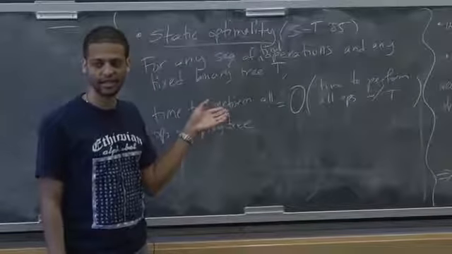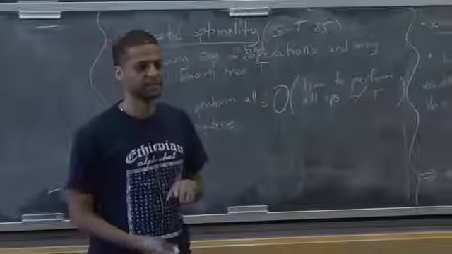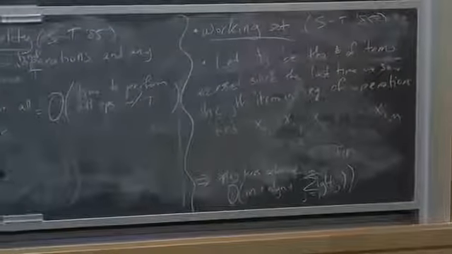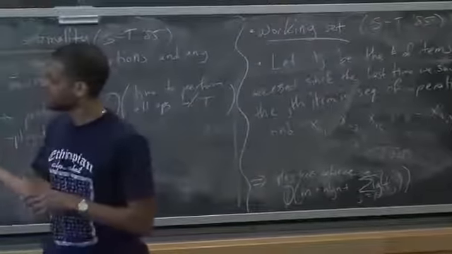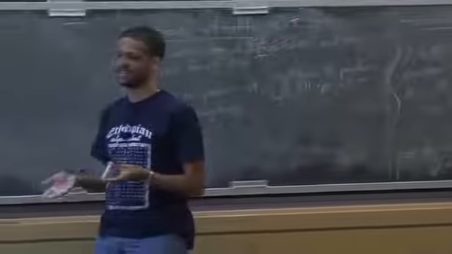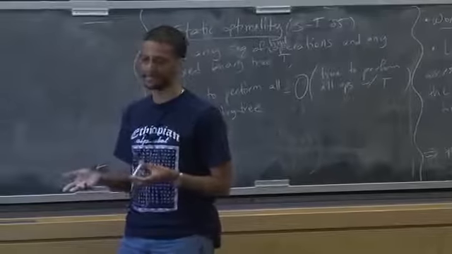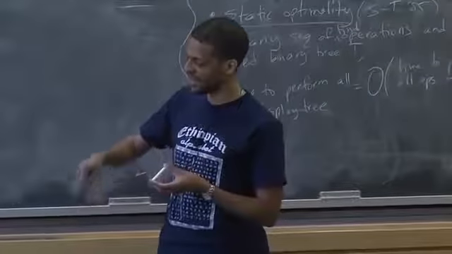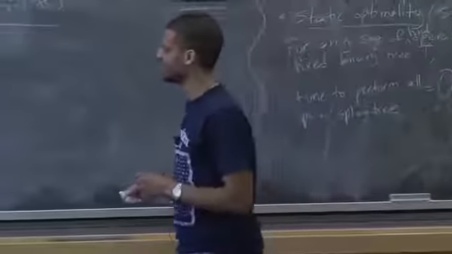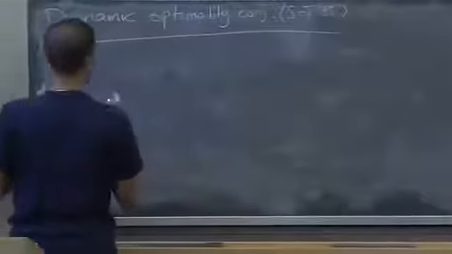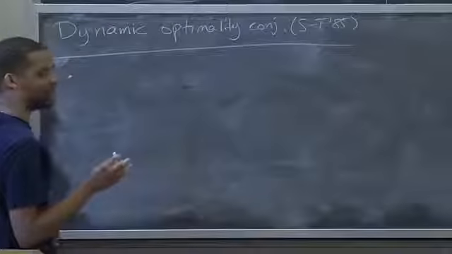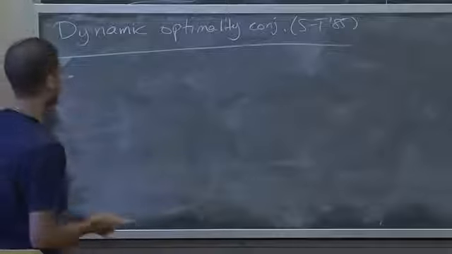Dynamic optimality lets the tree change. There's a set of BST algorithms, right? At every step you can choose, am I going to move this pointer? Am I going to move down or up? Am I going to rotate? So the dynamic optimality conjecture says that splay trees basically do the best that anything could do.